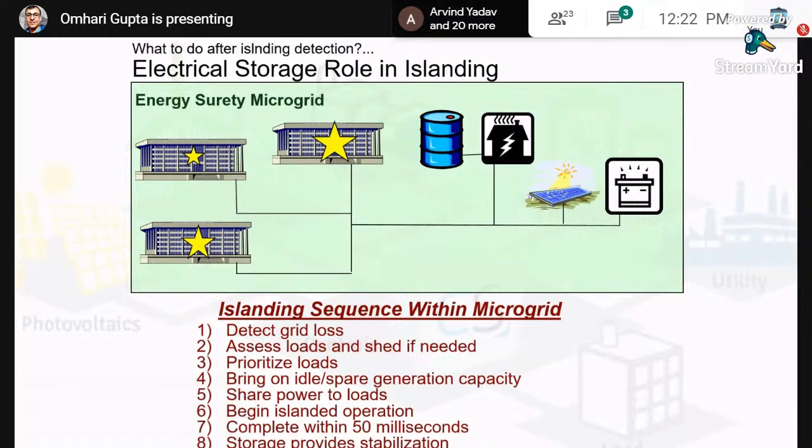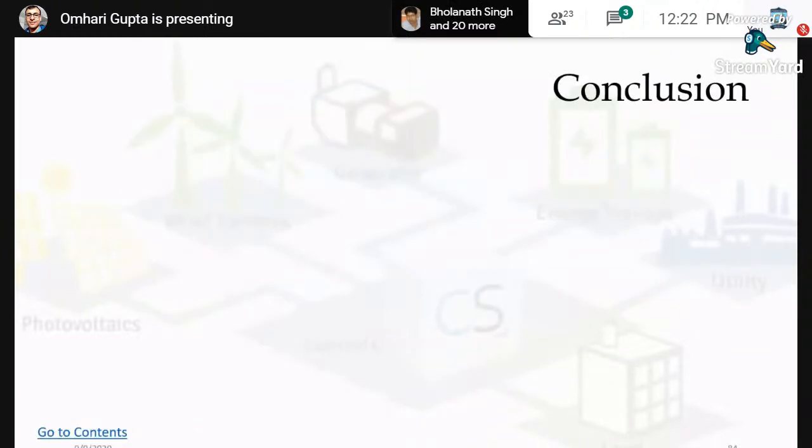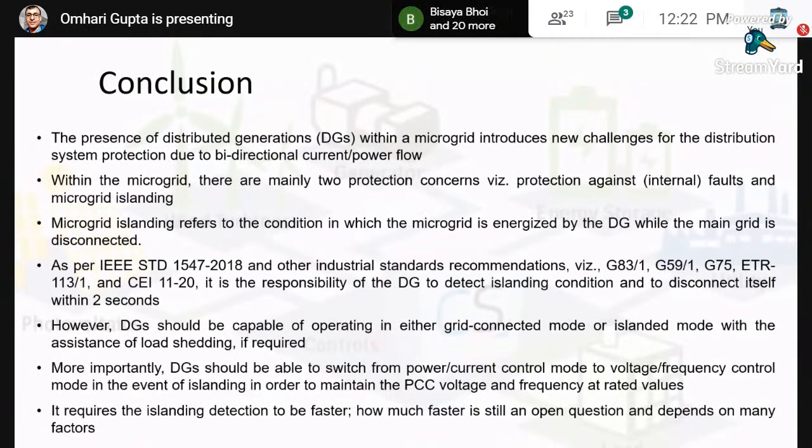And in this process, if you also have the battery energy storage or several other energy storage systems, it may provide you stabilization. Okay. Then you can summarize it: rather than going for bulk power generating stations, we can have several small distributed generations.